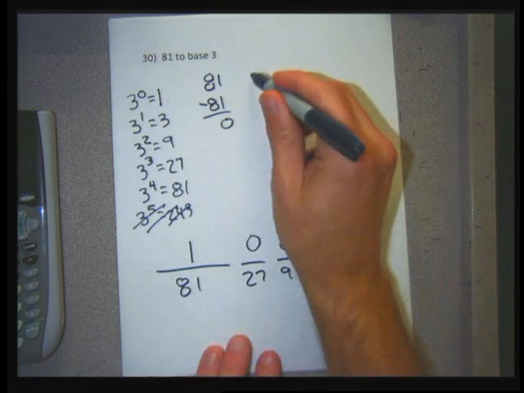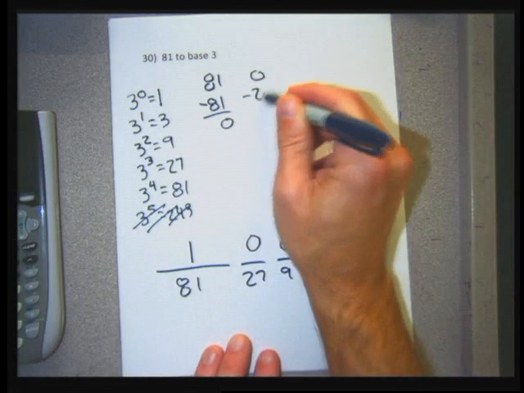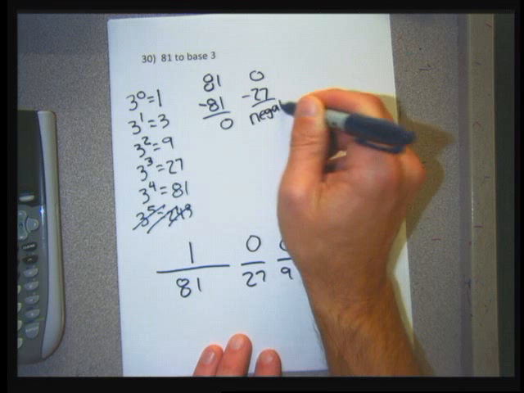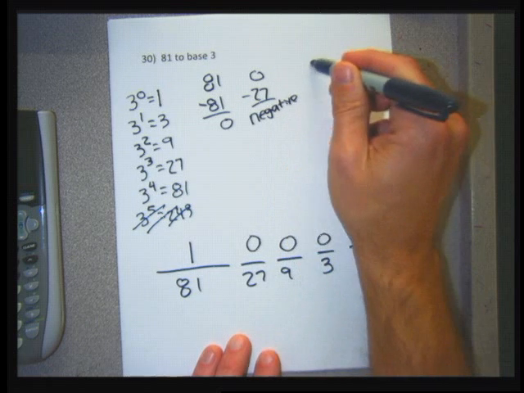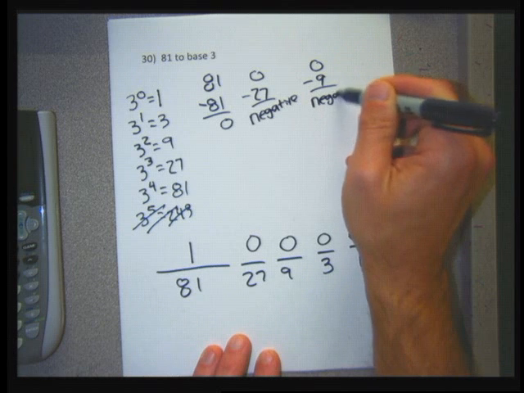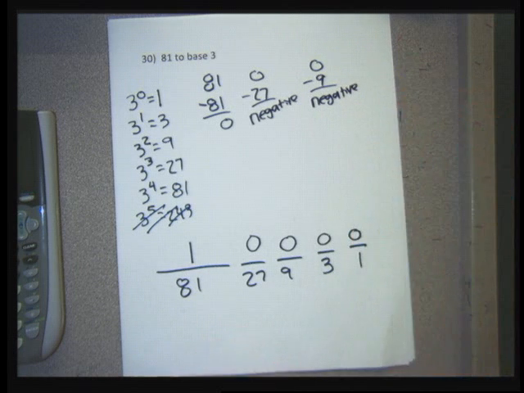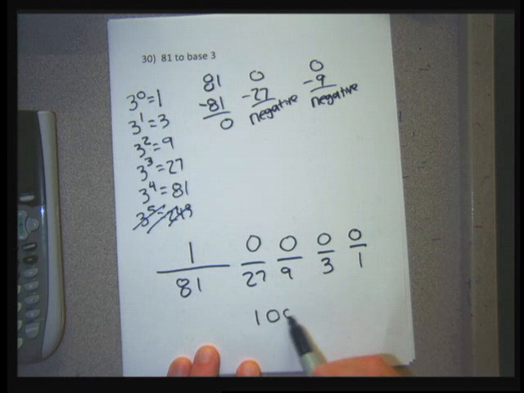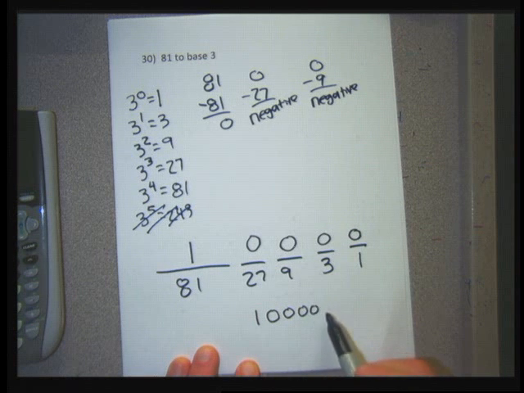For any of these next numbers, you try to find out how many times you can subtract them without getting a negative, and none of them can be subtracted, because if I subtract even 1 from 0, I get a negative. So for the rest of the numbers, 27, 9, 3, and 1, I put a 0 above them.